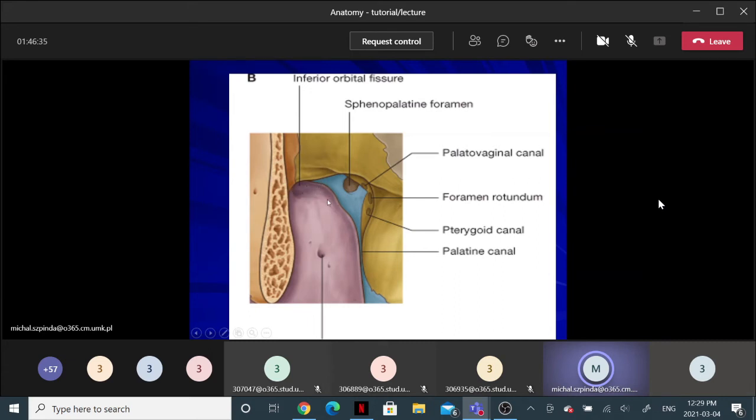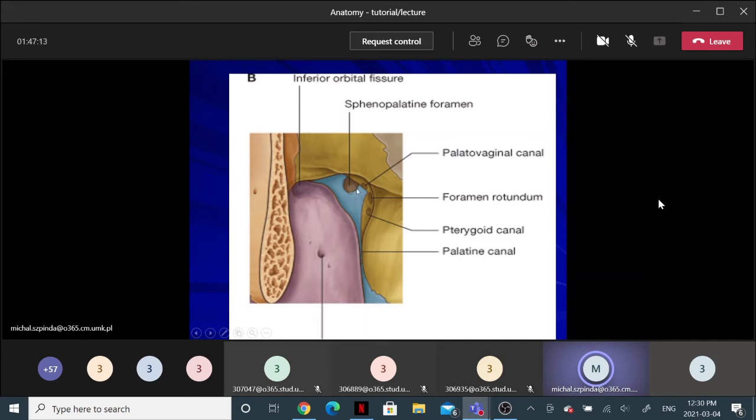And just above the anterior wall is a wide fissure leading to the orbit, the inferior orbital fissure. Due to the inferior orbital fissure, the pterygopalatine fossa directly communicates with the orbit. So medially with the nasal cavity, anteriorly with the orbit.